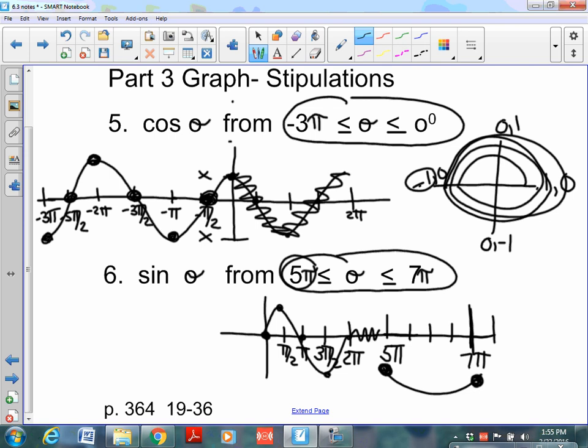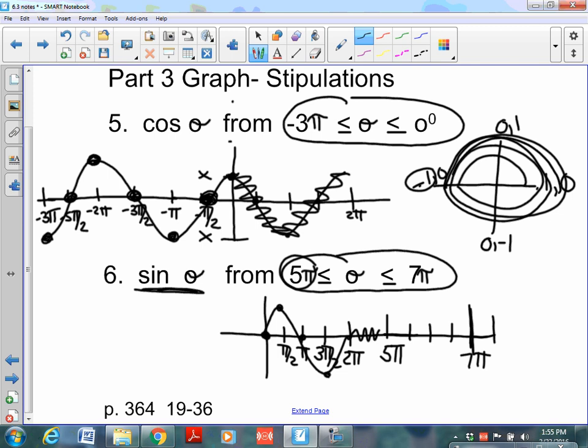This is a sine graph. I just did cosine, sorry. I was thinking it was cosine. Start again. Yes, cosine start. Okay, sine, start again.